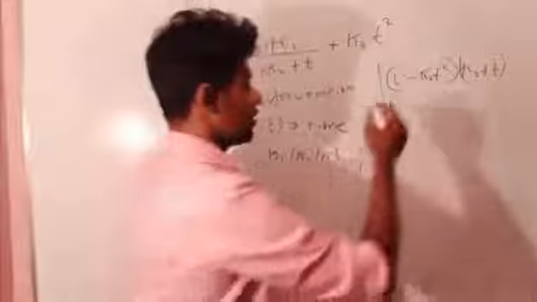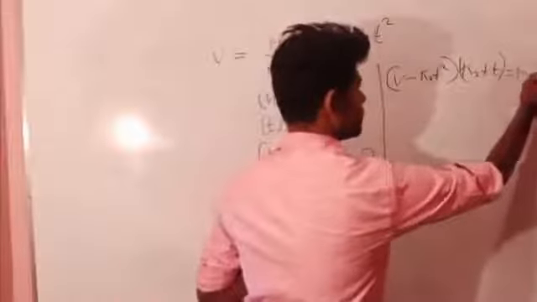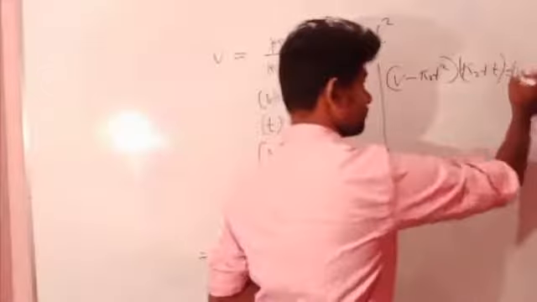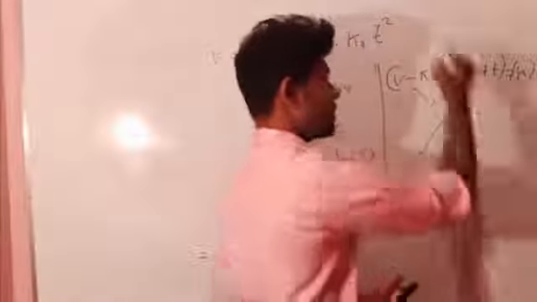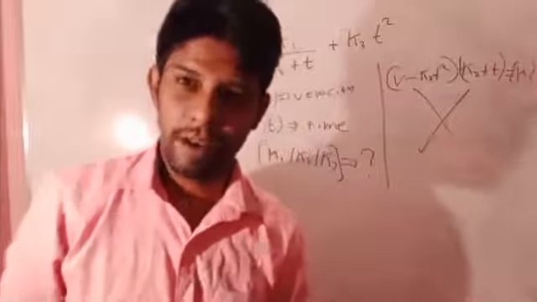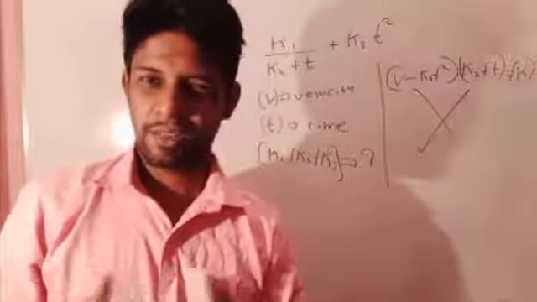So, you will get the answer for the dimensions of K1. Can you? No. Very big wrong. Why? I told you, it's no longer mathematically valid. It's just not the mathematics.